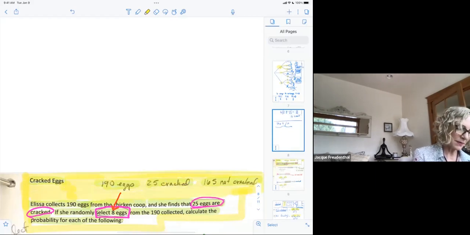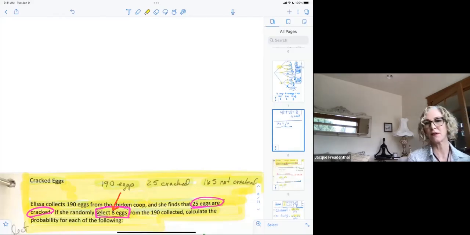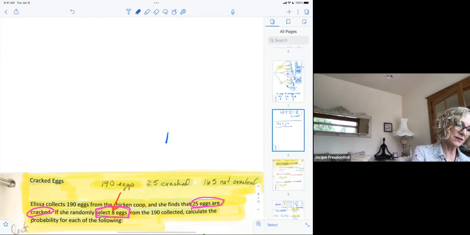From this example, Alyssa collected 190 eggs from the chicken coop, and she finds that 25 eggs are cracked. She randomly selects 8 eggs from the 190 and calculates each of the following probabilities. So what we know is we have 190 eggs. We have 25 that are cracked, which means if I take 190 and subtract 25, I have 165 left.